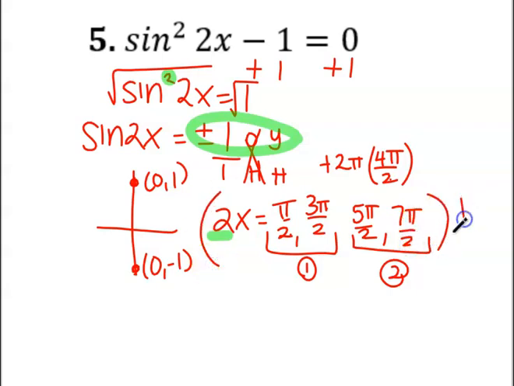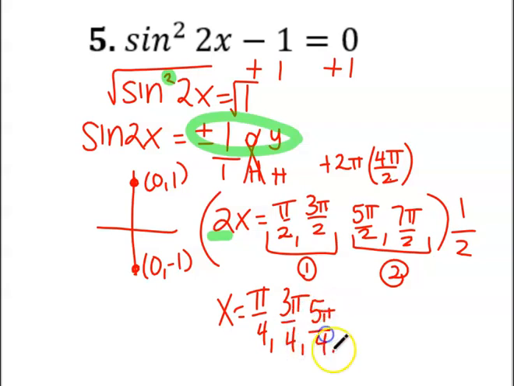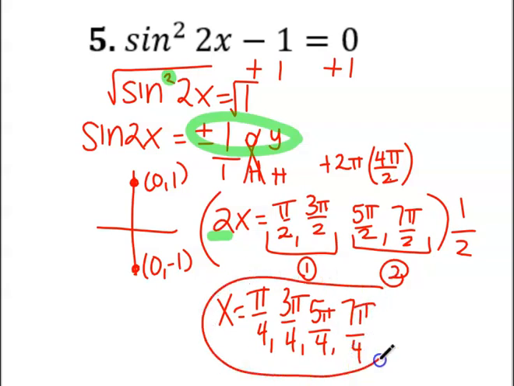Divide by 2 or multiply through by half. We get pi over 4, 3 pi over 4, 5 pi over 4, and 7 pi over 4. And that's it.